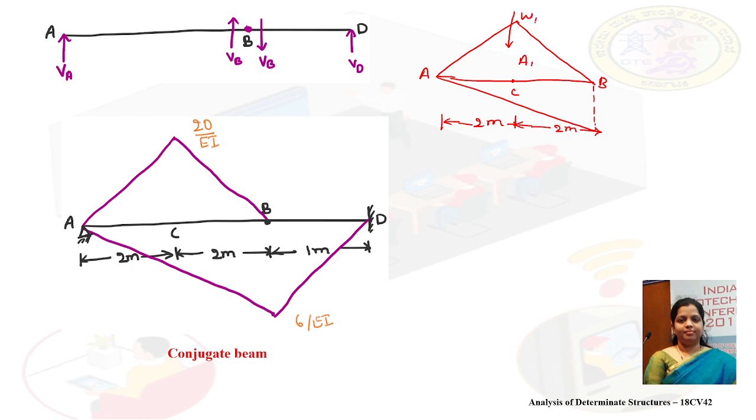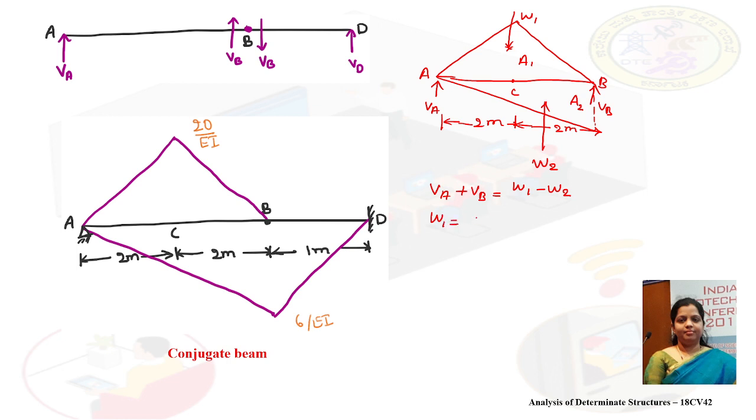Let me consider this as area 1. The load acting in area 1 at the CG is W1 and this is W2 acting at the CG for the area A2. So this is the VA and this will be the VB. Shear force at A plus shear force at B will be equal to W1 minus W2.